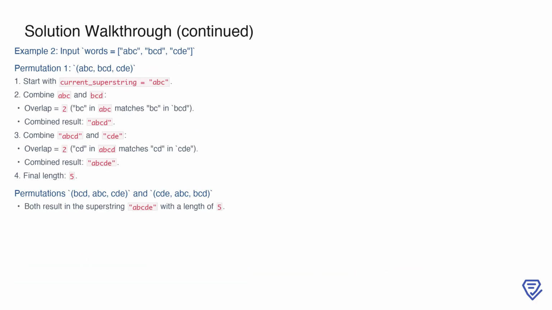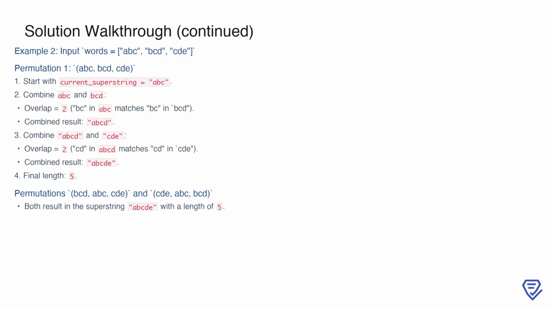Now, let's consider another example with the input words equals ABC, BCD, CDE. For the first permutation, ABC, BCD, CDE, we start with current_superstring equals ABC. Combining ABC with BCD gives an overlap of 2, as BC matches, resulting in the superstring ABCD.